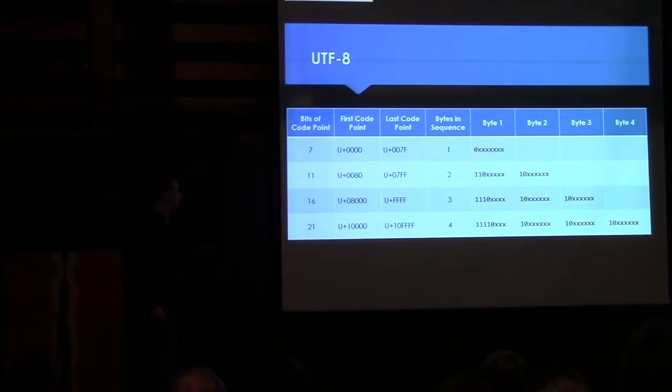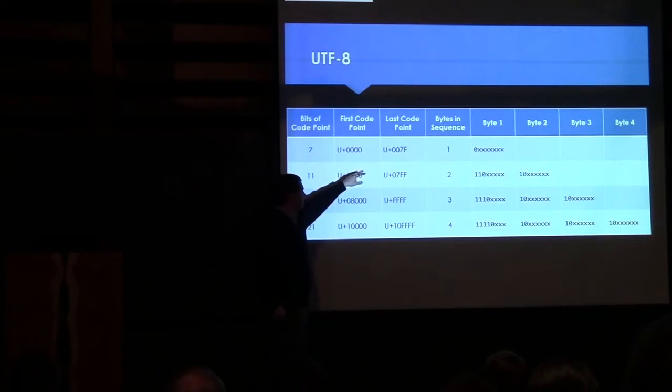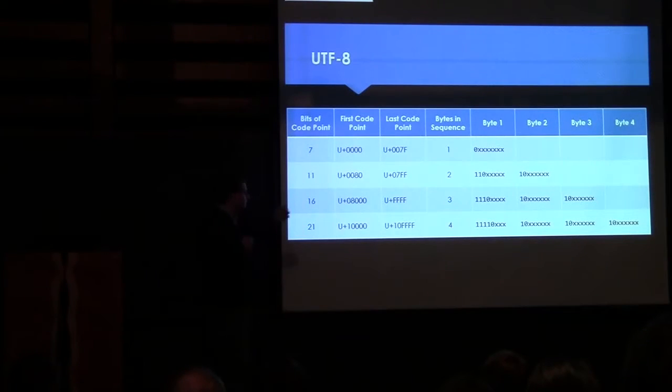The way it works is that if you've got a character between 0 and 7F, we'll just encode it in a single byte, and the high order bit will be 0. One nice feature about this is that all of the ASCII characters have the same code point value in Unicode as they did in ASCII. Any ASCII string is also a UTF-8 string.